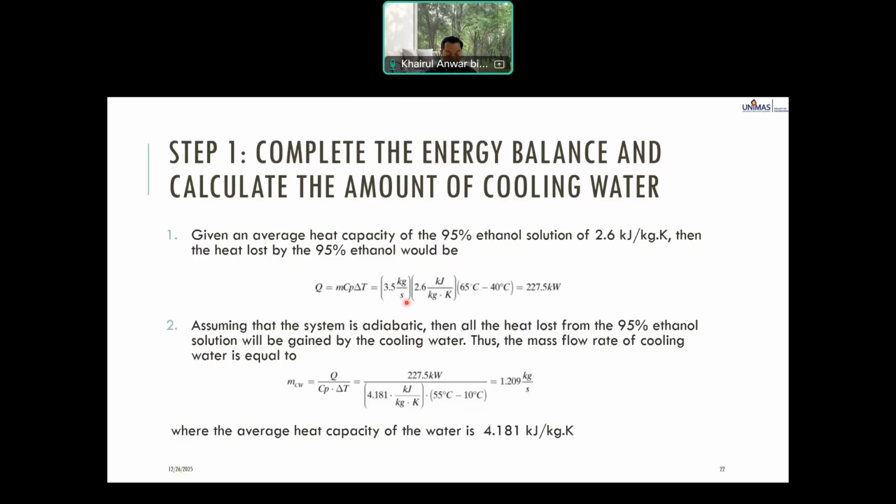Thus, the mass flow rate of cooling water is found since the Q is the same for ethanol and water.